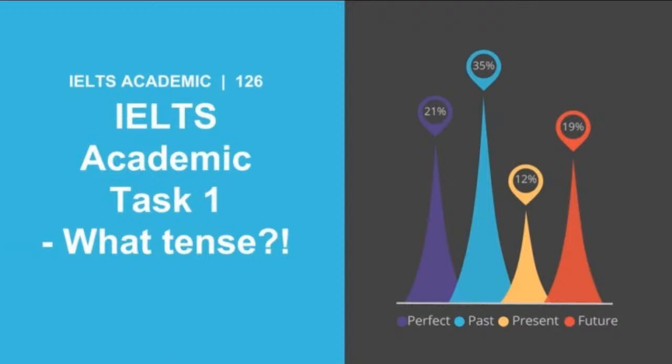So as we mentioned before, occasionally you might get a graph with references to time both in the past and in the future. In this case, you will be varying your tenses. The graph I'm going to use as an example is a line chart, or a line graph, starting in 1990, ending in 2040, and it clearly shows the world energy consumption by fuel type.